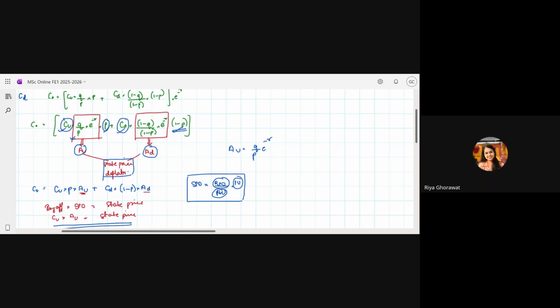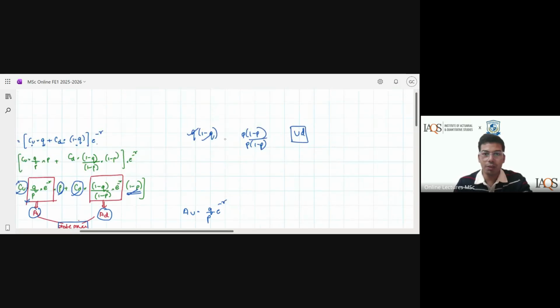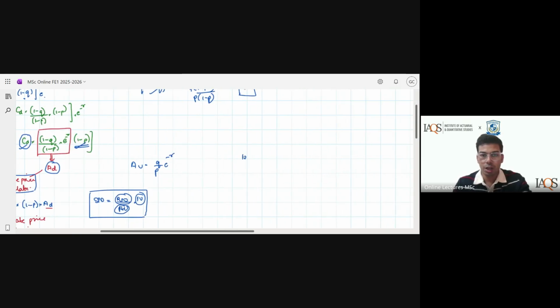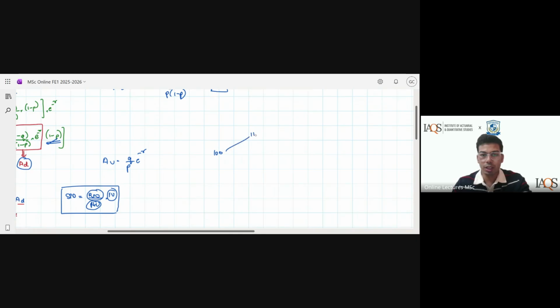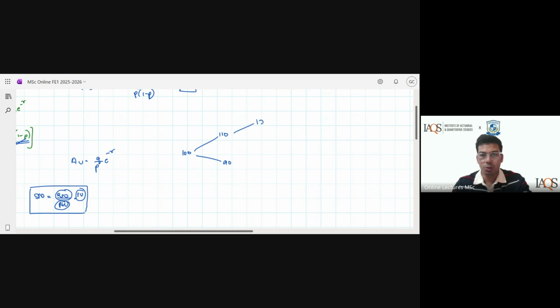And also the case where there is Q into 1 minus Q. Okay, so let's say I have a two-step binomial model, 100 goes up to 110, comes down to let's say 90, goes let's say to 120. Let's assume U and D are constant. I don't know the exact numbers, but let's say they are constant for now. Whatever. And 80.